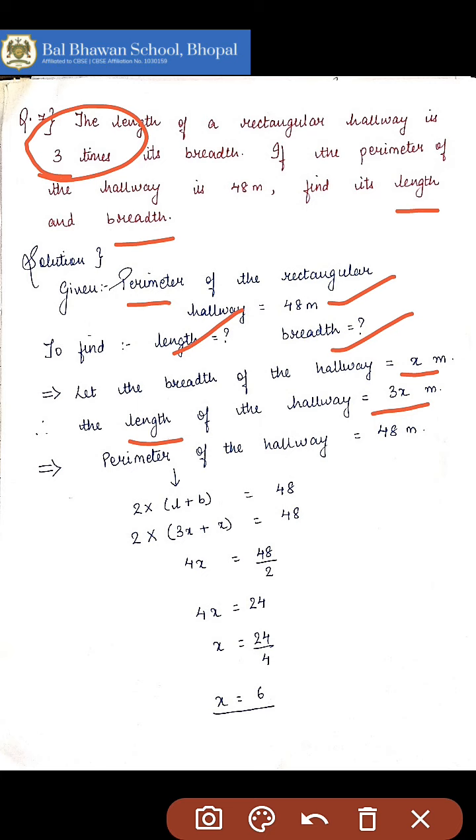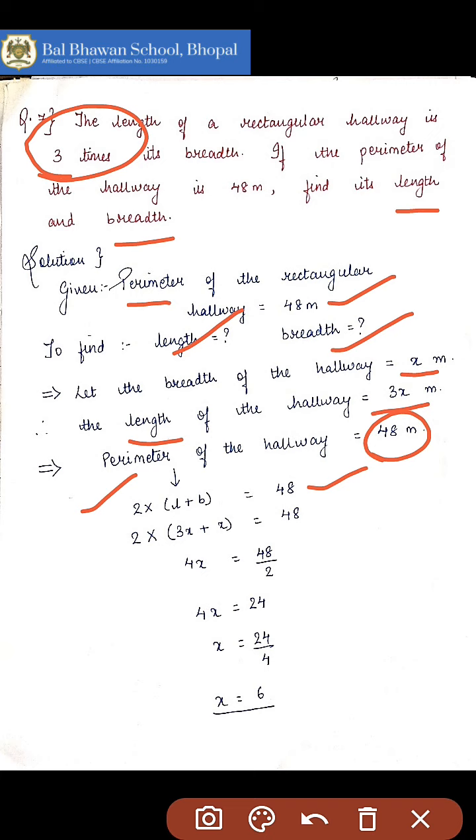Now let us come to the formula of perimeter of a rectangular hallway. It's a rectangle, so we will apply the formula of perimeter of a rectangle, that is 2 into (length plus breadth), which is given to you as 48. So we will equate it to 48.